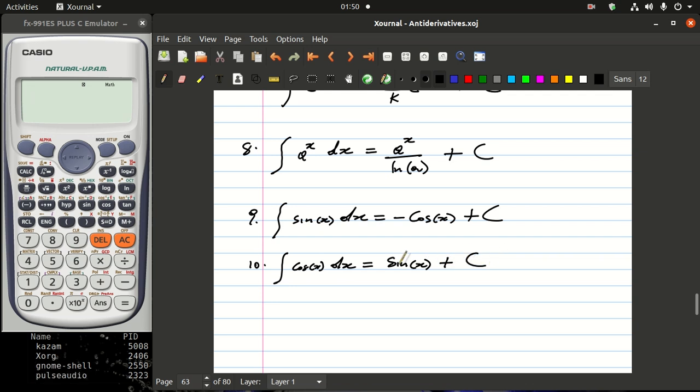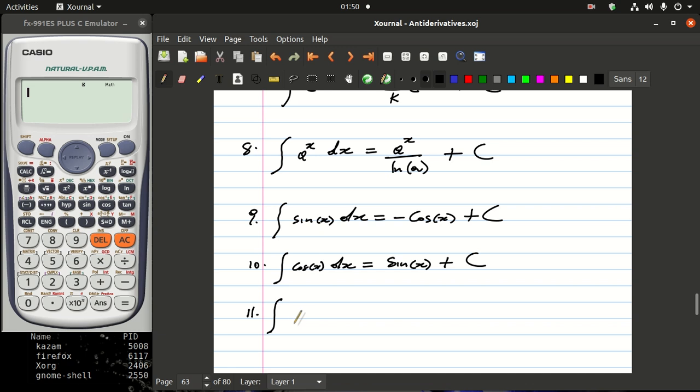In other words, if I take the derivative of this, I should get that. If I take the derivative of that, I should get that. But if I want the antiderivative, I should get that. It's the vice versa.